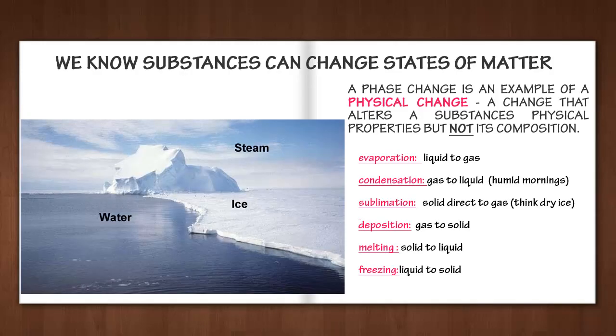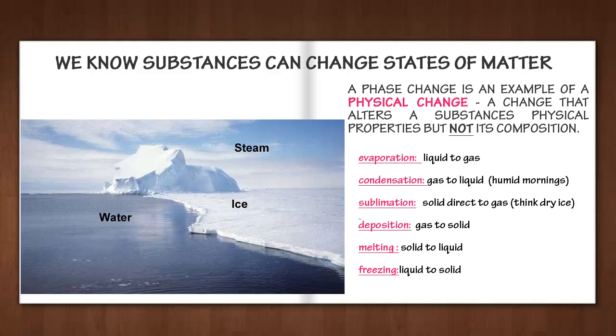So we know that any substance, whether it's a molecular substance or an element that exists as atoms, can undergo changes in states of matter. It can move between a gas, a liquid, and a solid. And a phase change like this is an example of what's known as a physical change.